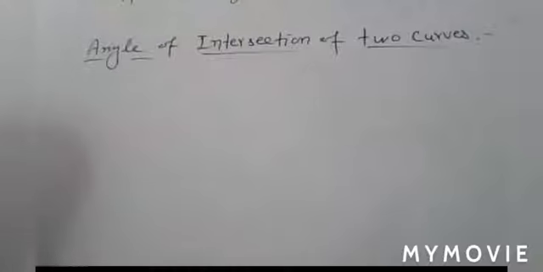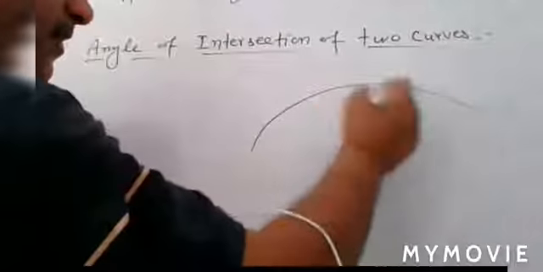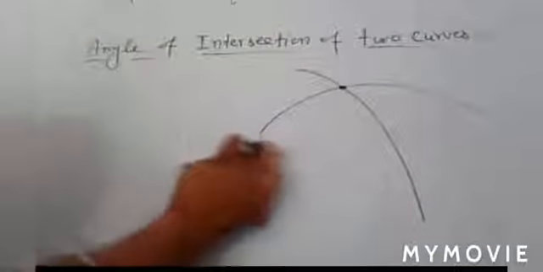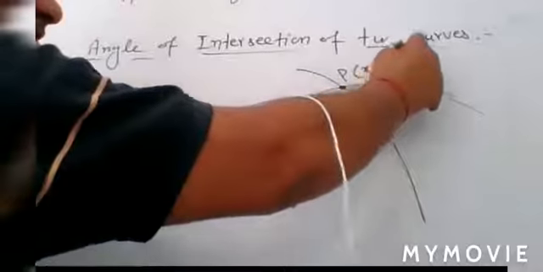Let me visualize all that with the help of a figure. Suppose you have a curve, and here you have another curve, and they intersect at this point. Suppose the coordinates of this point are x1, y1.